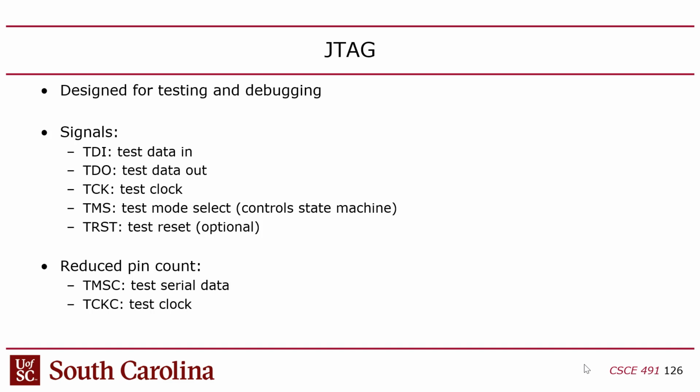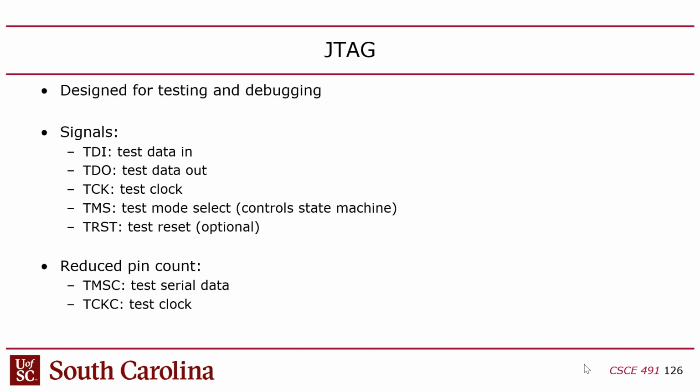The trade-off is that it's going to take forever. It's a very slow process, but that's okay because it's just used for testing. Usually when you're doing this, the chip is frozen, at a breakpoint, and you can read all those bits out with essentially one pin. So with one pin, you get access to the entire internals of the chip. That's the concept of JTAG.